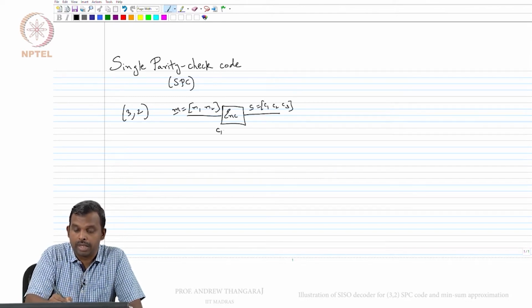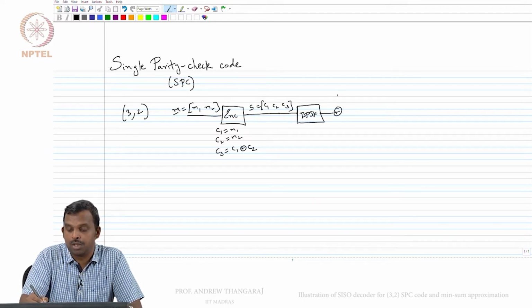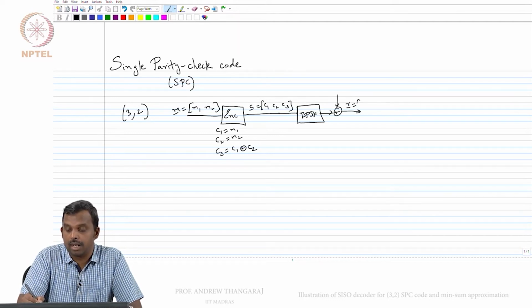How does the encoding happen? C1 equals M1, C2 equals M2, and C3 equals C1 XOR C2, right? So the overall parity is maintained here, and after this you do BPSK symbol by symbol transmission over the Gaussian channel, and then you get your received vector R.